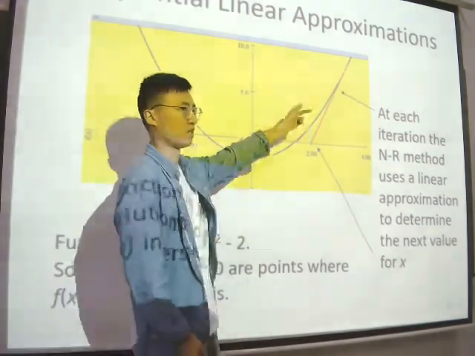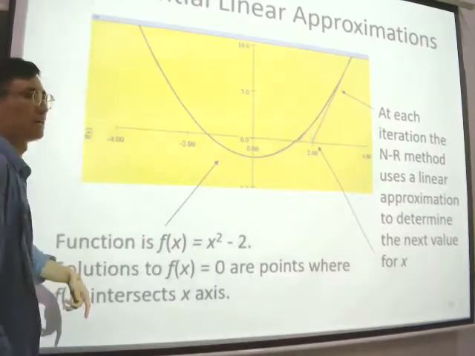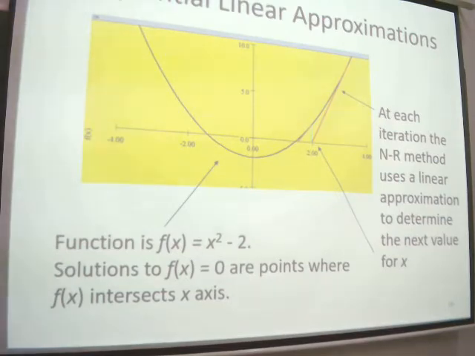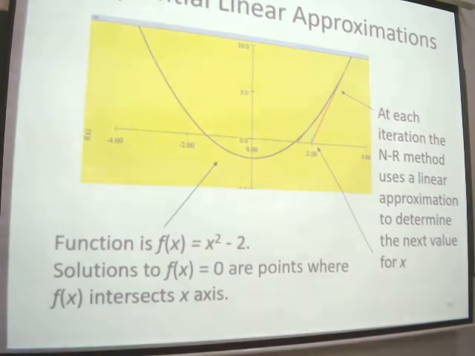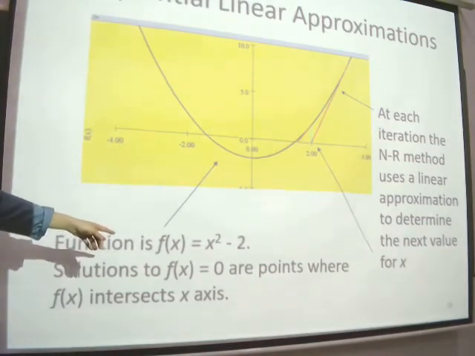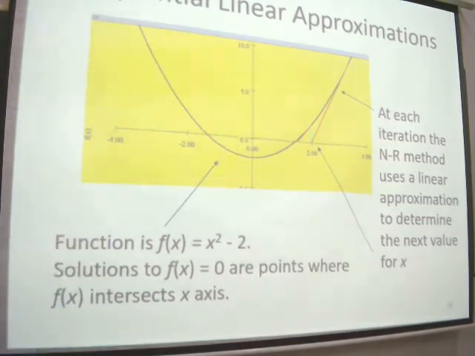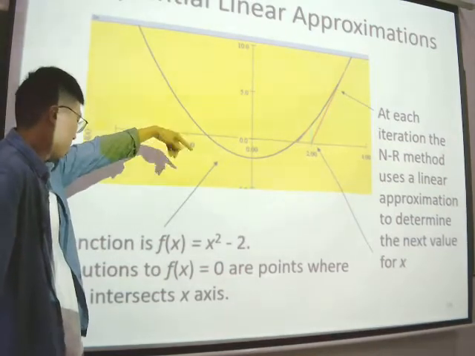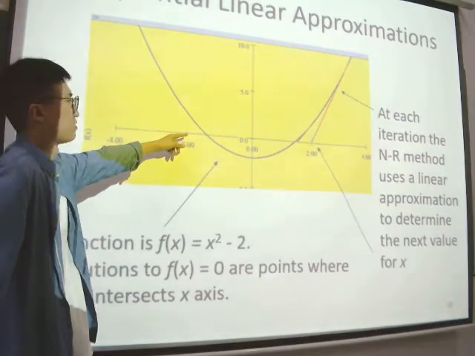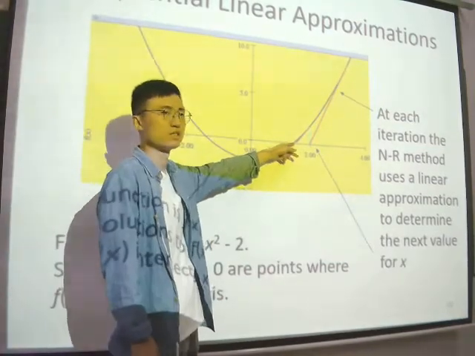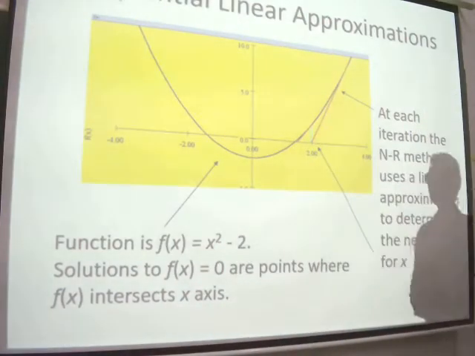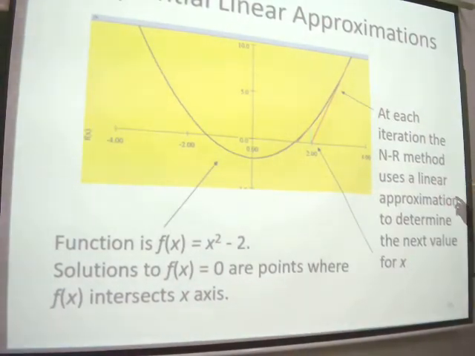Here is the curve of x squared equal to 2. The solutions to f(x) equal to 0 are the points where this curve intersects with the x-axis, so these two points. Alright, so Newton Raphson.